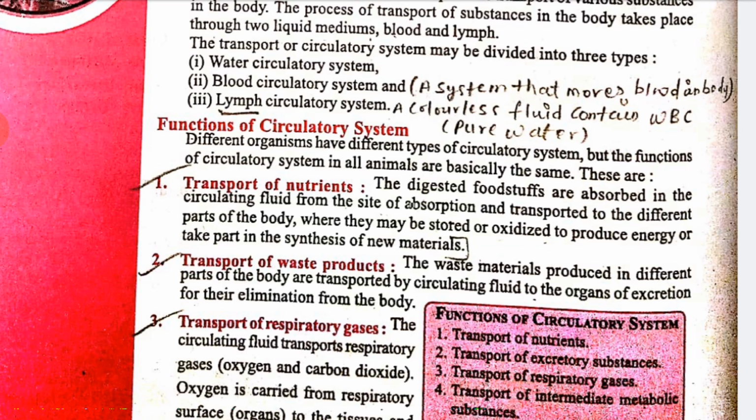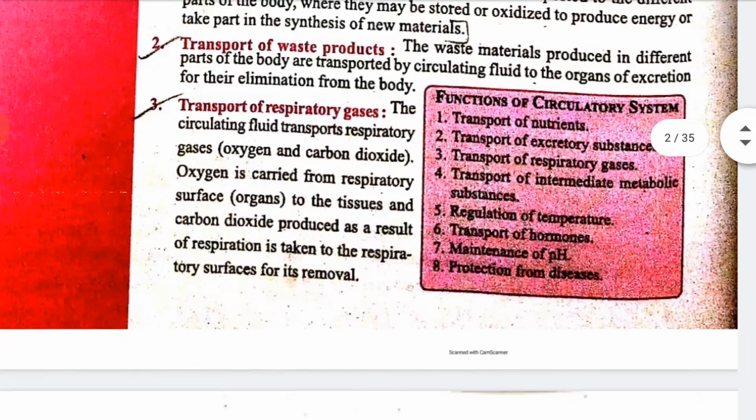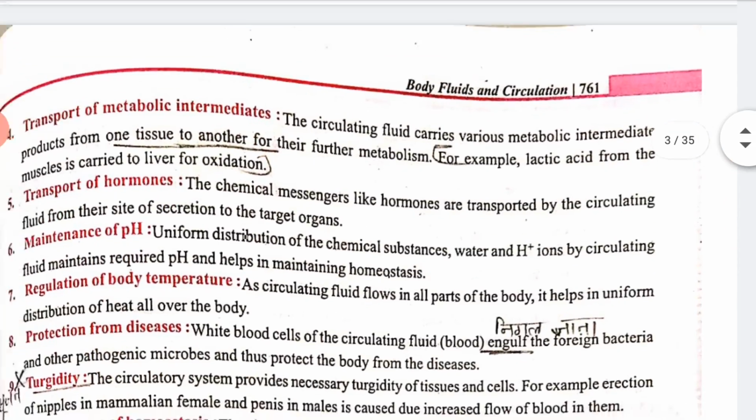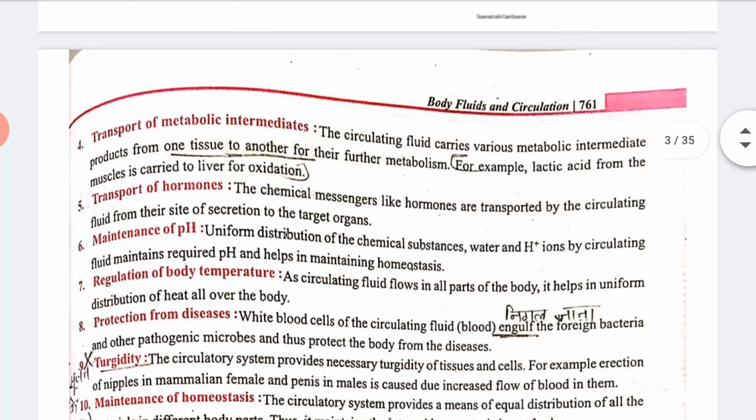Now next we have the transport of metabolic intermediates. The circulatory fluid carries various metabolic intermediate products from one tissue to another for further metabolism.